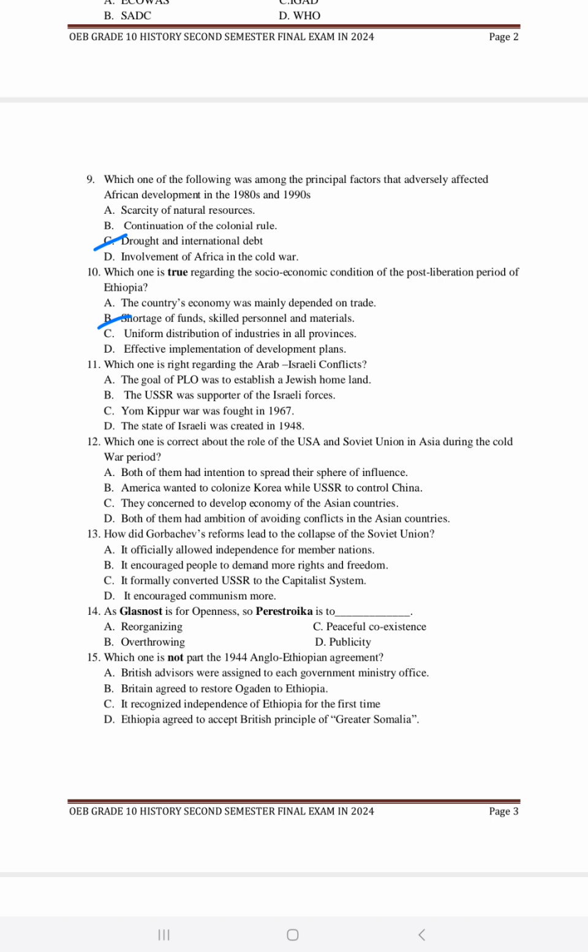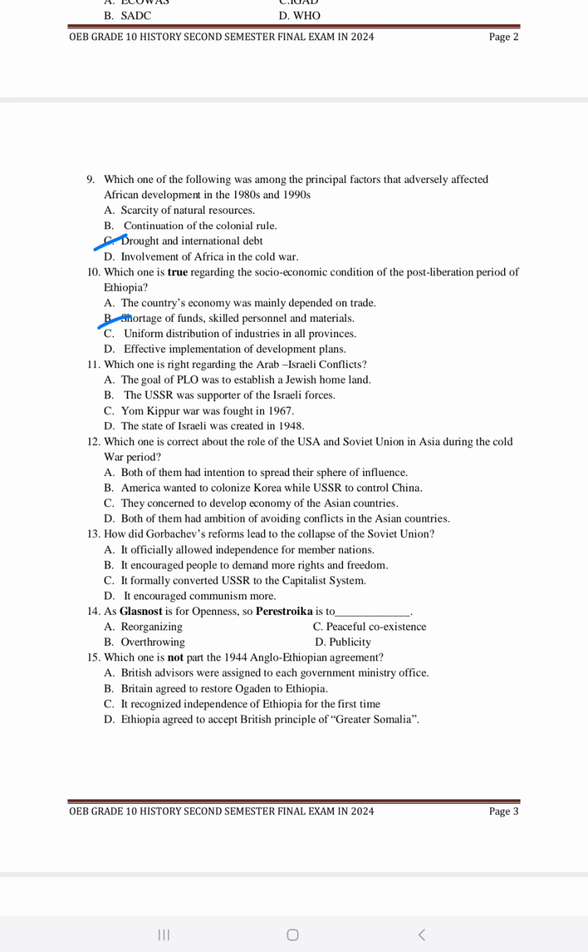Question number 11. Which one is right regarding the Arab-Israel conflicts? The Arab-Israel conflict started in 1948, immediately with the establishment of Israel. So which one is correct?